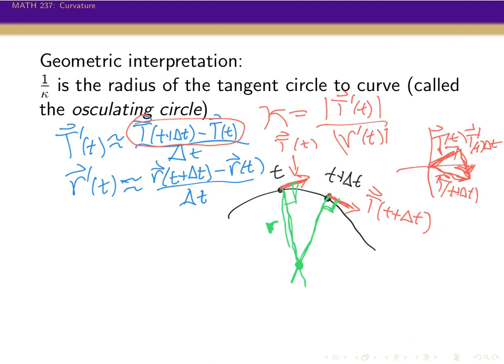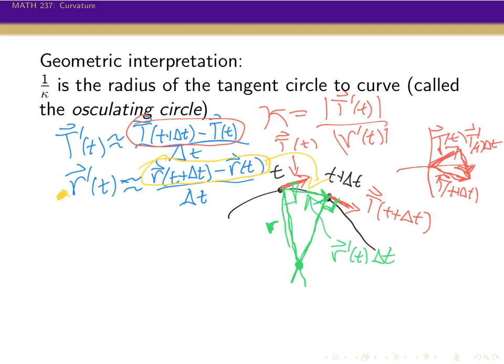And then what's the vector between these two points? Well, that's the change in the curve. That's the difference between these two points right there. So that side right there is going to be roughly r prime of t times delta t, and if I solve for that in this equation, that's what I get.